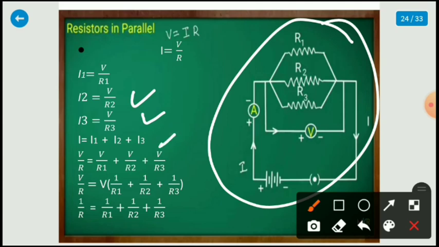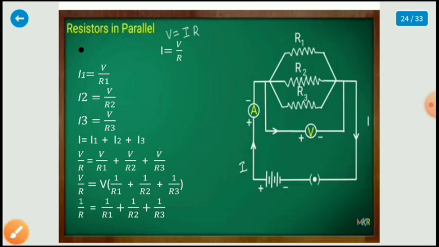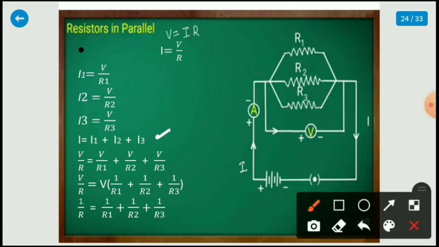Substituting the values of the different currents in the formula, V by R is equal to V by R1 plus V by R2 plus V by R3.